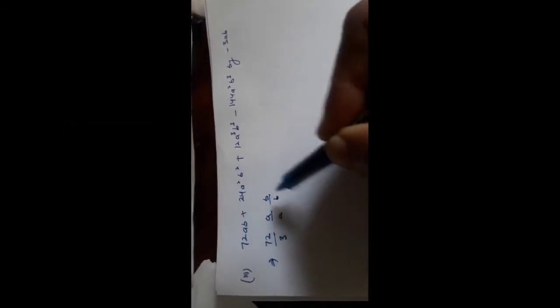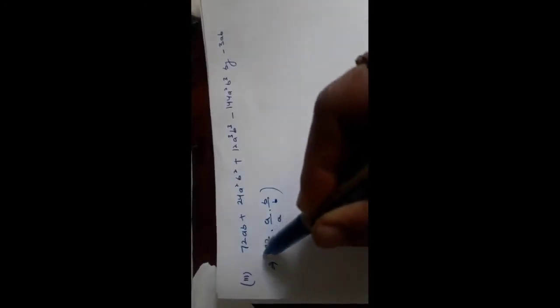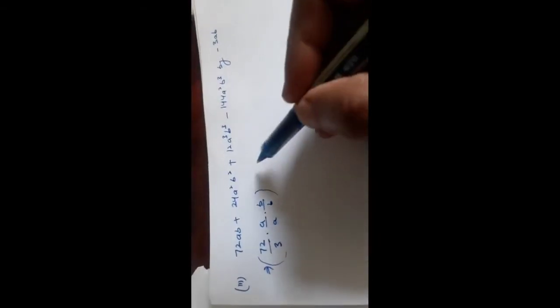First of all, 72 by 3, a with a and b with b. All these expressions are getting multiplied, so we have put dots in between. Dot means the sign of multiplication.